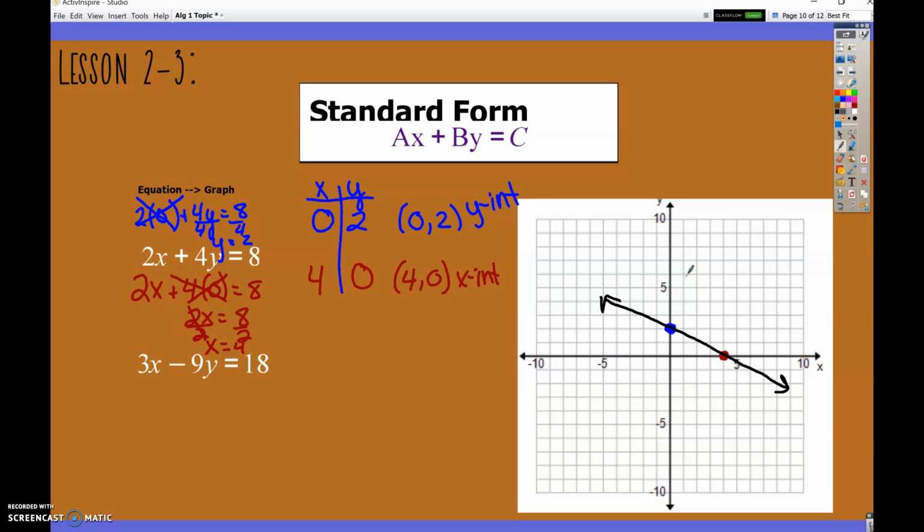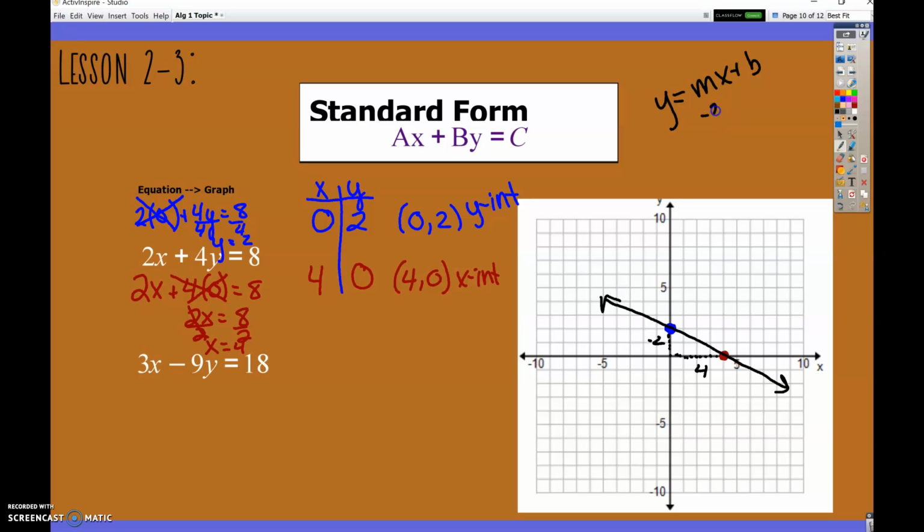Now you may miss the old forms of the equation, for example y equals mx plus b. If someone asked what the slope of this line was, because I have it plotted, I could count my rise: down 2, or negative 2, and my run is over 4.